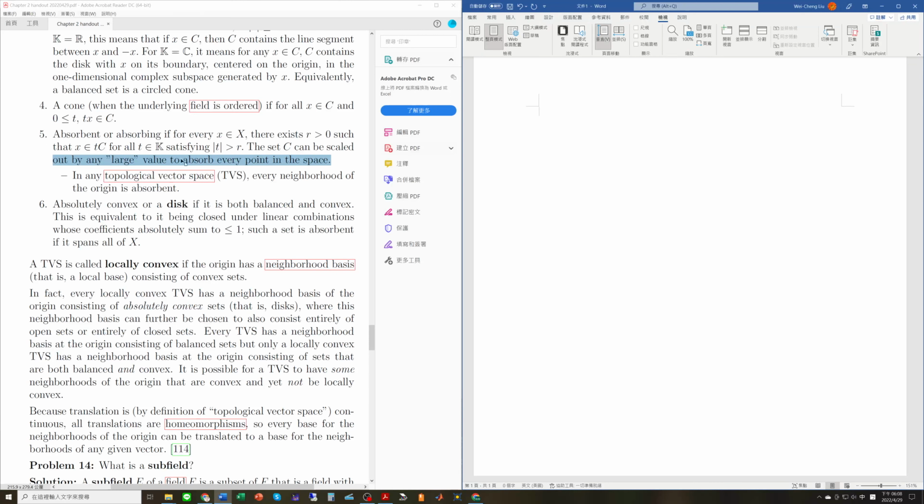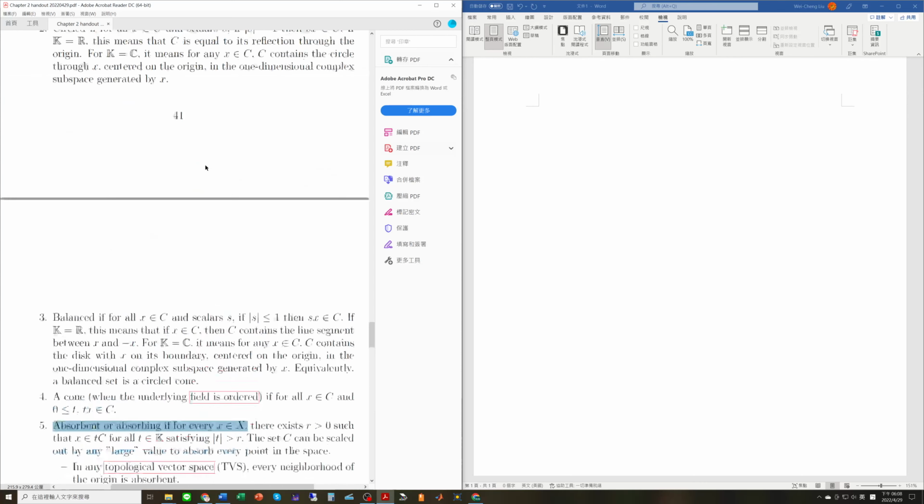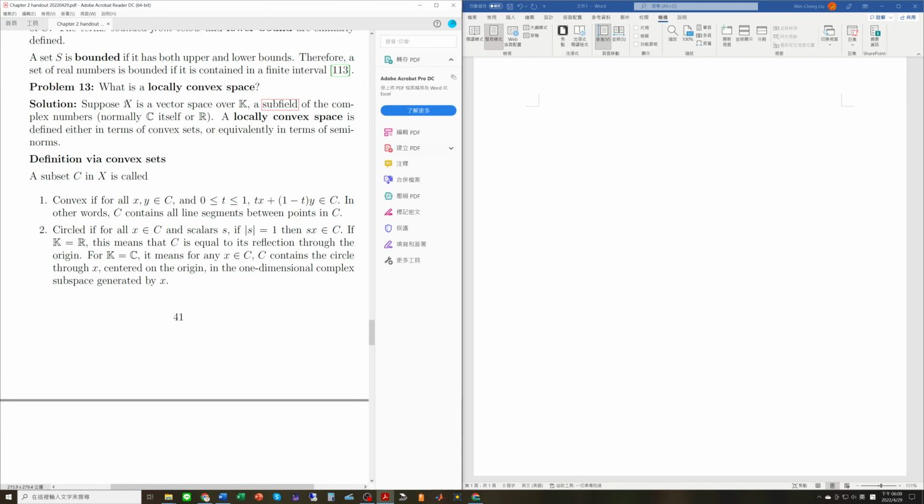So now we can see that a set is absorbent or absorbing if for every small x in capital X. Let us review what capital X is. Capital X is a vector space over K.